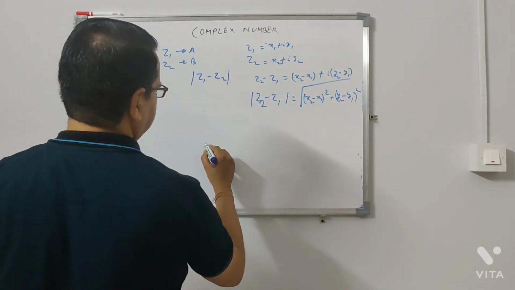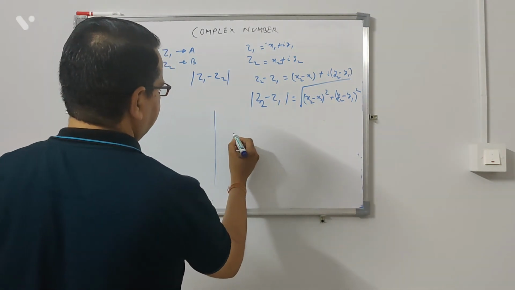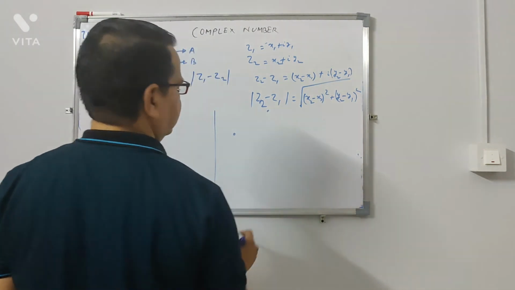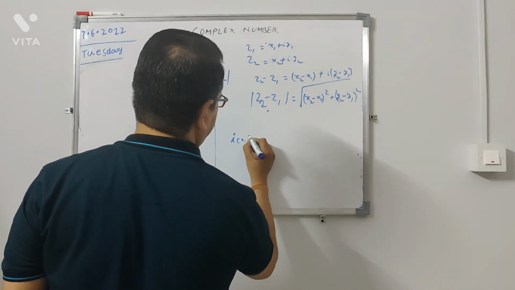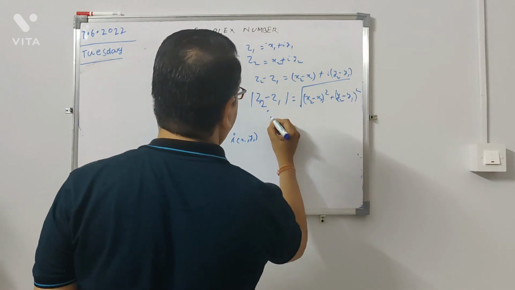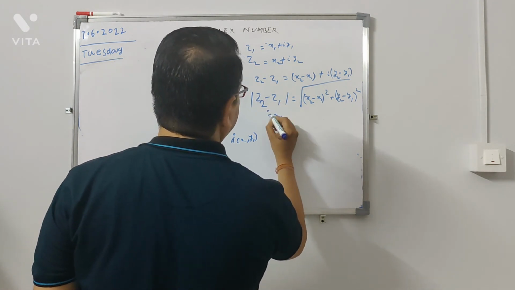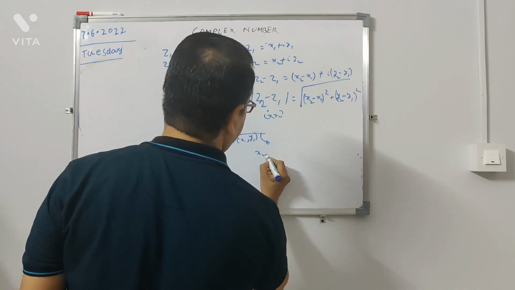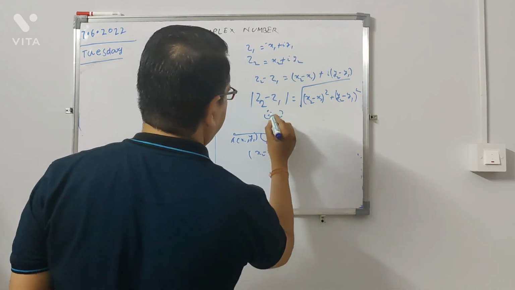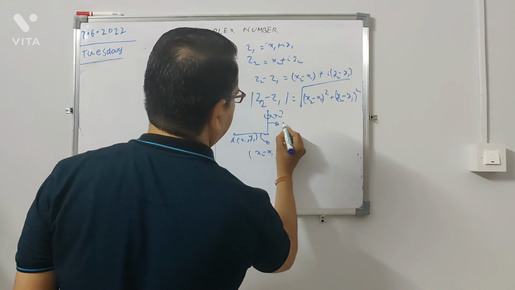Suppose this is a point A and this is a point B. This point represents x1, y1 and this point represents x2, y2. So this side is x2 minus x1 and this side is y2 minus y1.